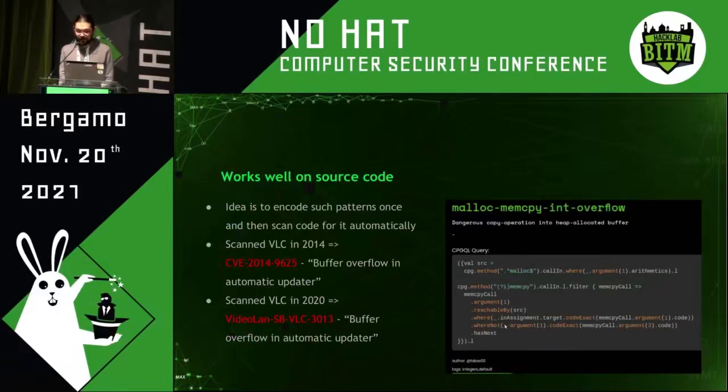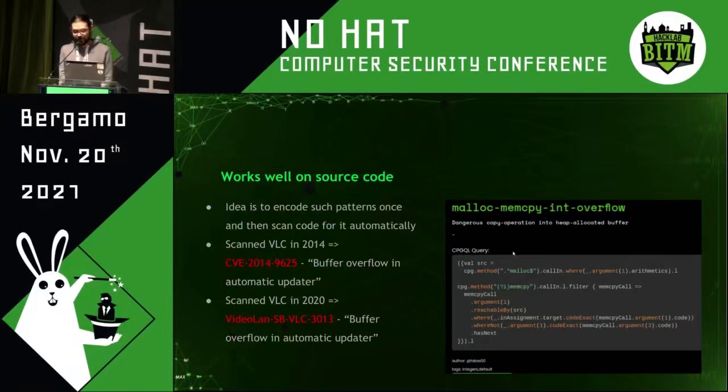And then we make sure that there is something in the amount that we copy that's not equal to that arithmetic expression. And so that is something that leads to heap-based buffer overflows a lot.